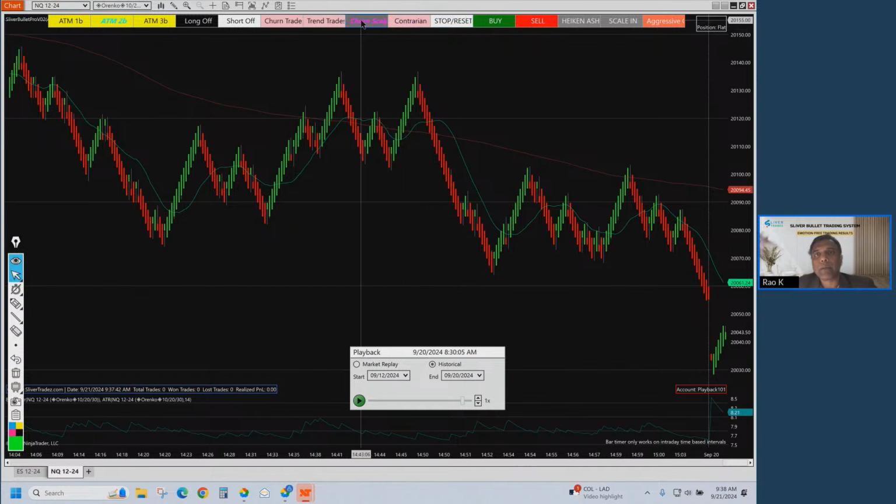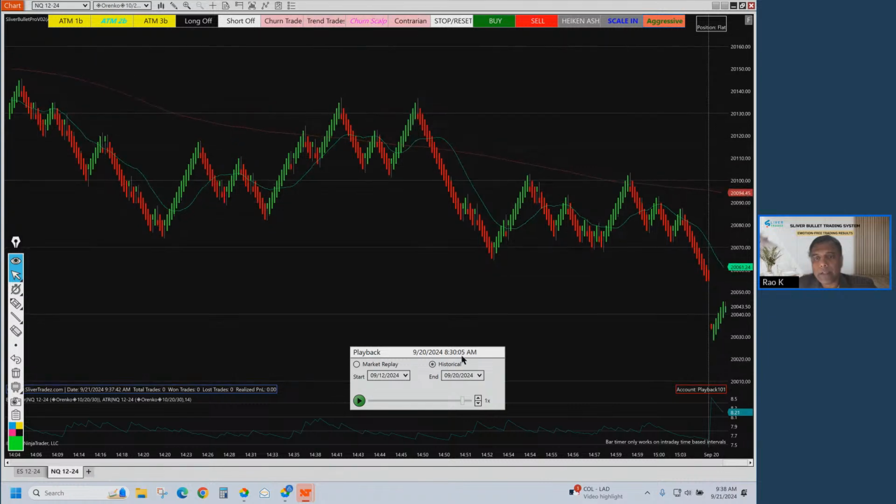So what I'm going to do today is use a particular strategy called churn scalper. Again, it depends on the market conditions. Since I have set the market and it's 5 seconds since the market opened, I see that the market has been downtrending since yesterday about 2 p.m., and the market has opened below yesterday's close.